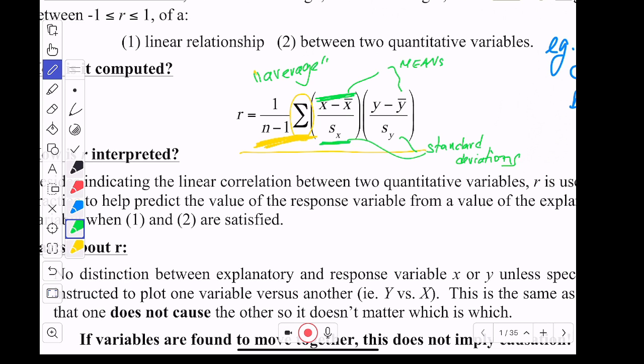Somebody, what do you see? Doesn't this look like, what do we call that?